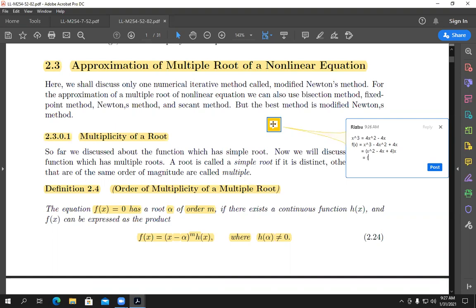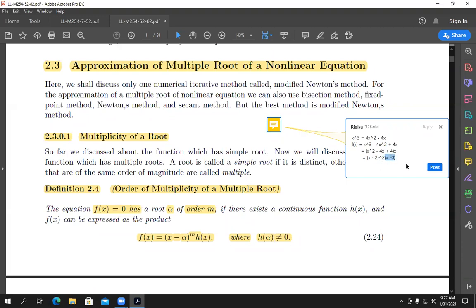I factorize the first one: x minus 2, so it is x minus 2 whole square. And what is left? x, which we can write as x minus 0. And this is your h of x.